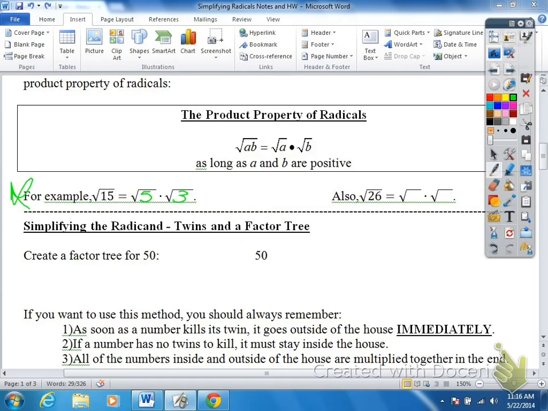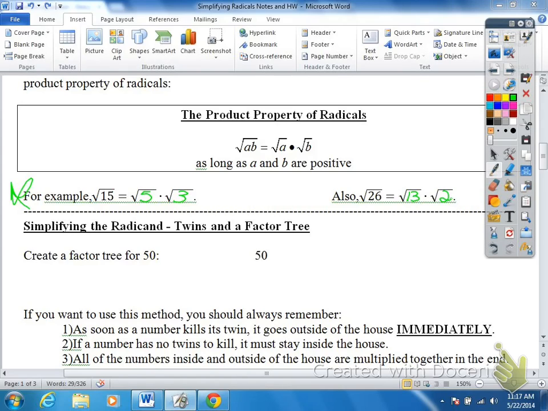Now, you might be asking, well, what's the need to do that? Well, when we start looking at some other problems, it's nice to know that you could break the square root symbol down into other factors and then work with those factors. So also the square root of 26, that could be written as the square root of 13 times the square root of 2.